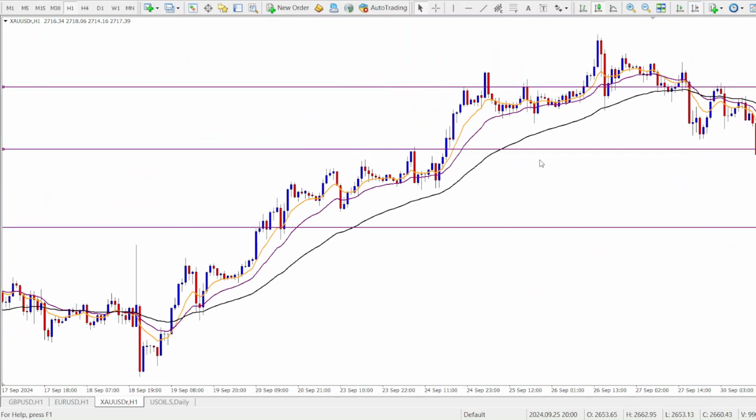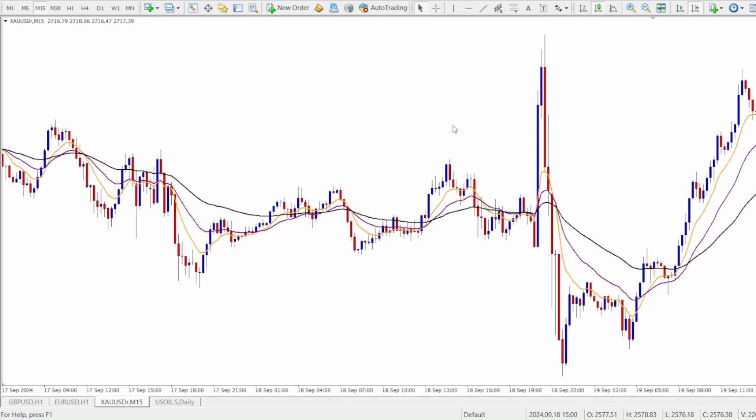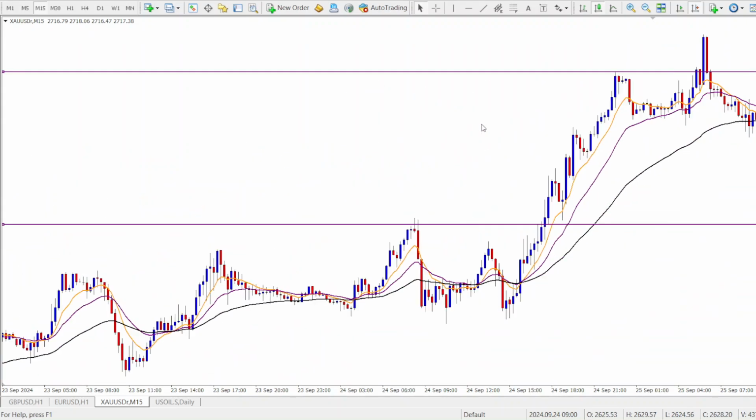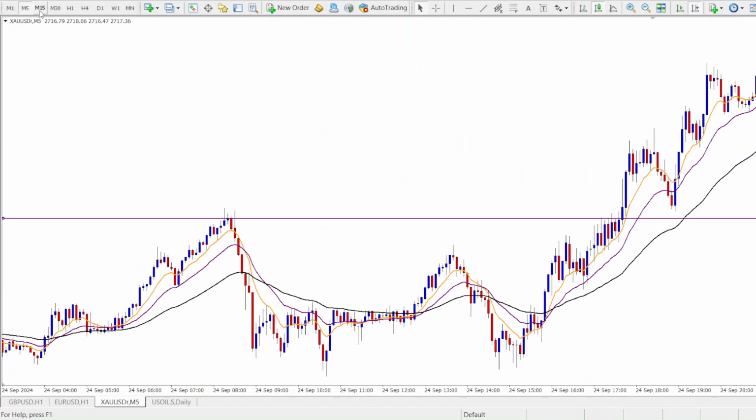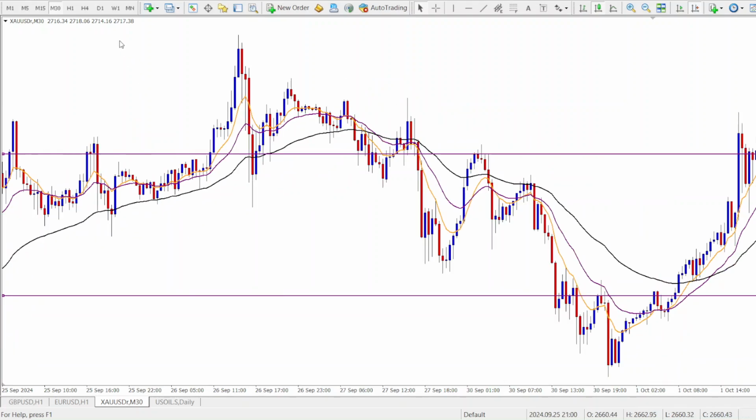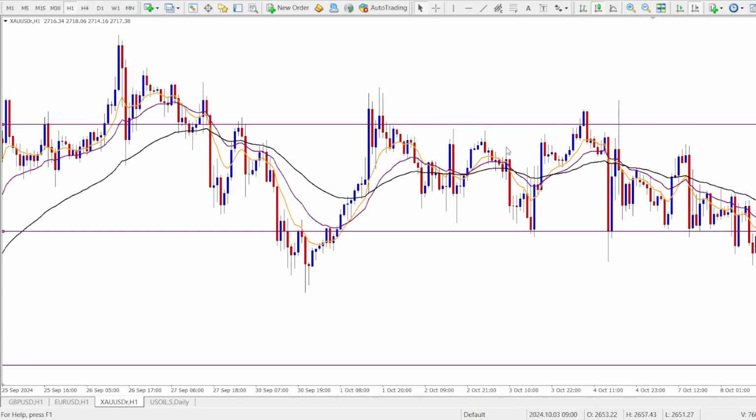And because it is scalping, you might want to use these EMAs on smaller time frames. Well, it still depends on your tolerance for holding trades for long, because you can scalp on 15 minutes, you can scalp on 5 minutes, you can scalp on 30 minutes. Well, I can say you might be able to scalp on 1 hour.